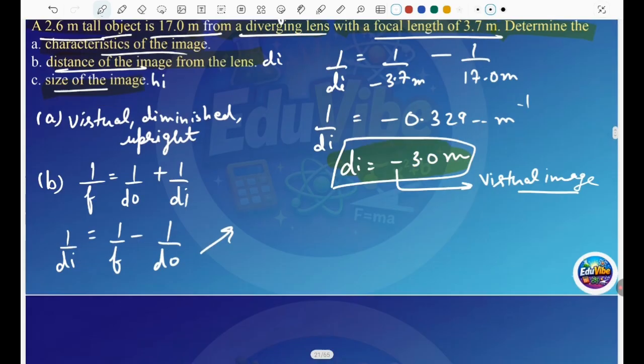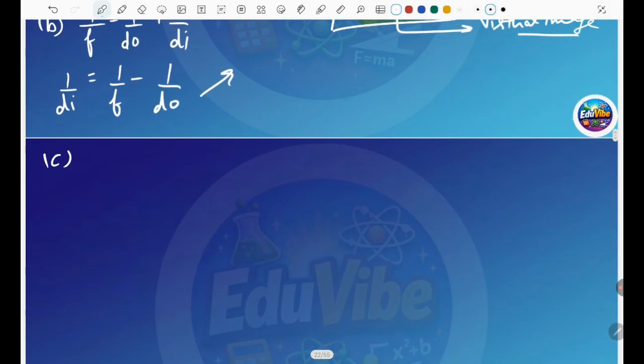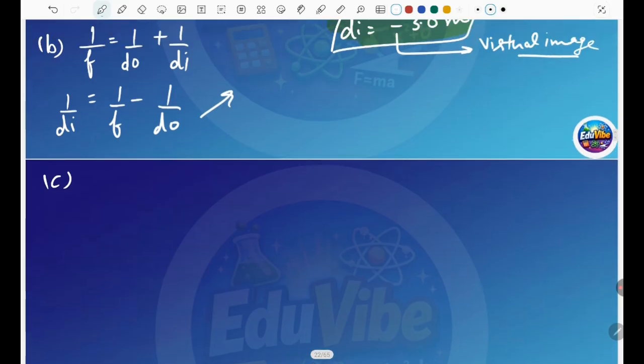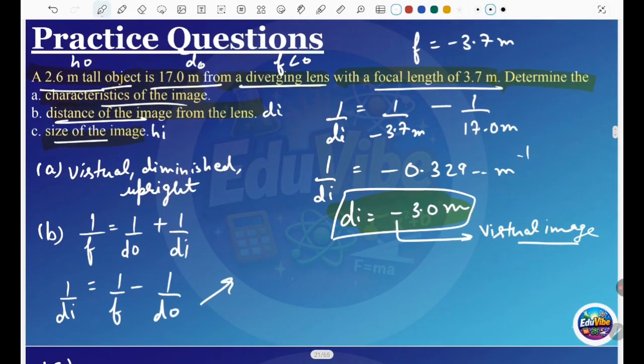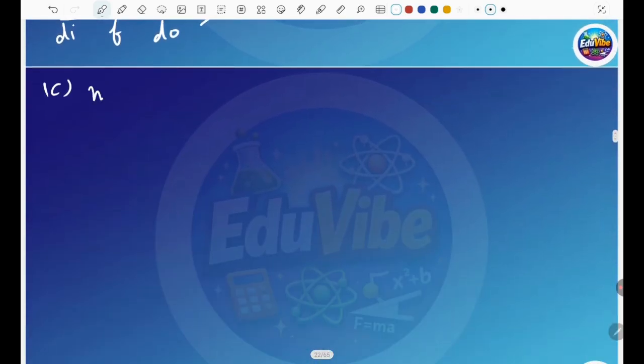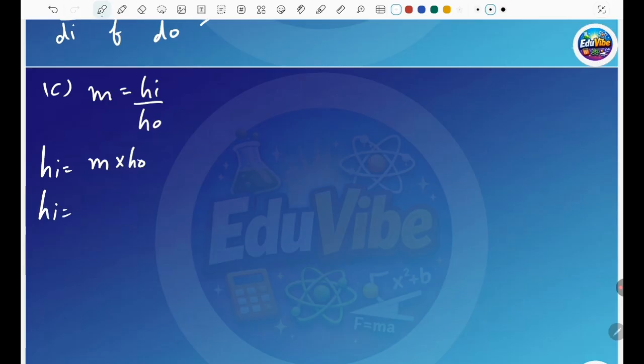Now you have to do the C part, which is the size of the image. For the size of the image, you have HO. To find HI, you can use the magnification, because magnification is equal to HI upon HO, from where HI is M times HO, but you don't have the magnification.